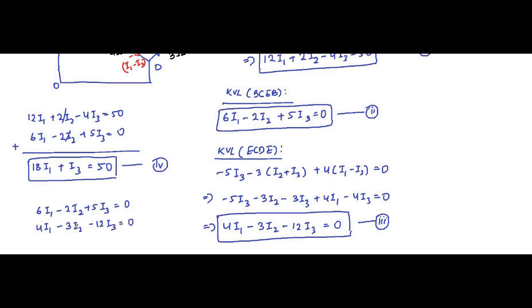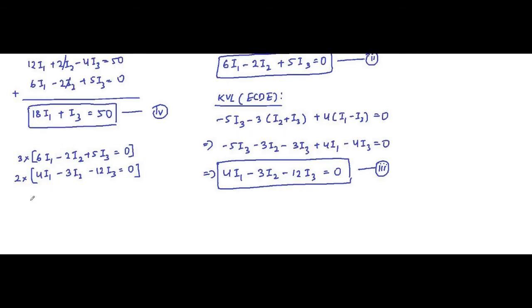Here also we'll try to cancel out I2, because it will be easy then to bring the 2 equations in terms of 2 same variables. For that we'll multiply this with 3 and this with 2, and we'll subtract it.